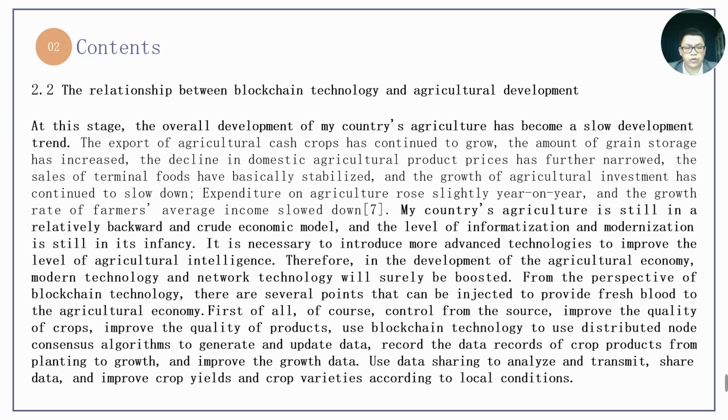Use blockchain technology with distributed node consensus algorithms to generate and update data. Record the data of crop products from planting to growth and improve the growth data. Use data sharing to analyze, transmit, and share data, and improve crop yields and crop varieties according to local conditions.